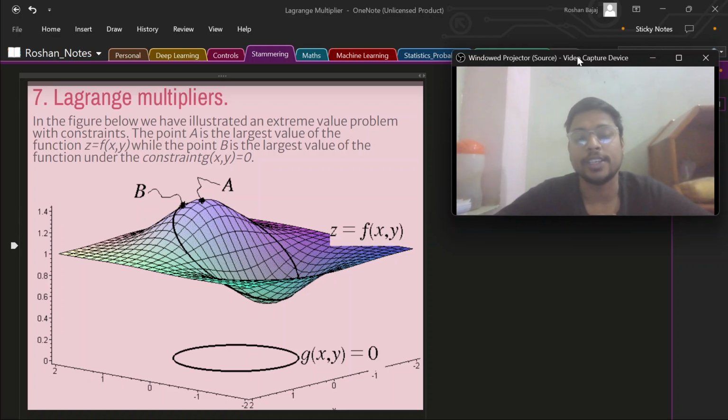It is a way of solving a constraint optimization problem. So yeah, let's start.